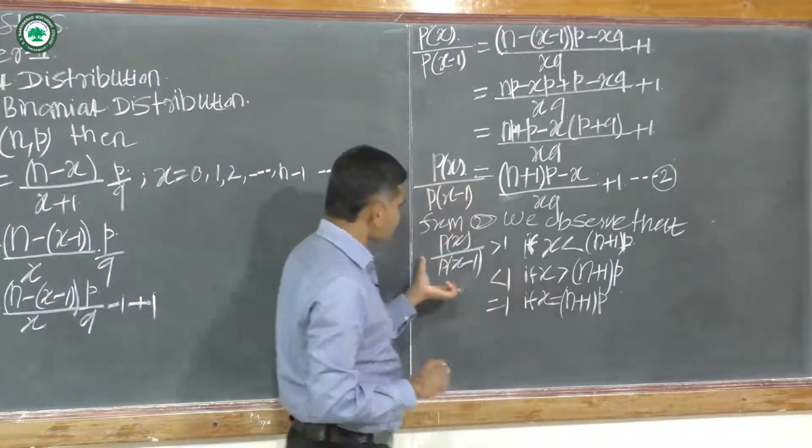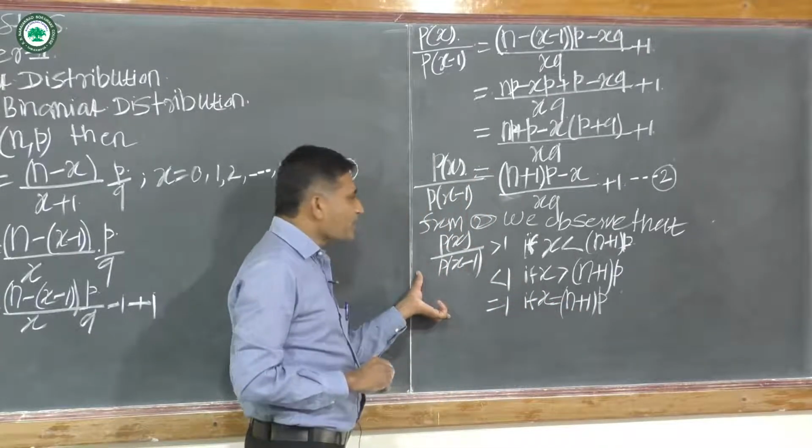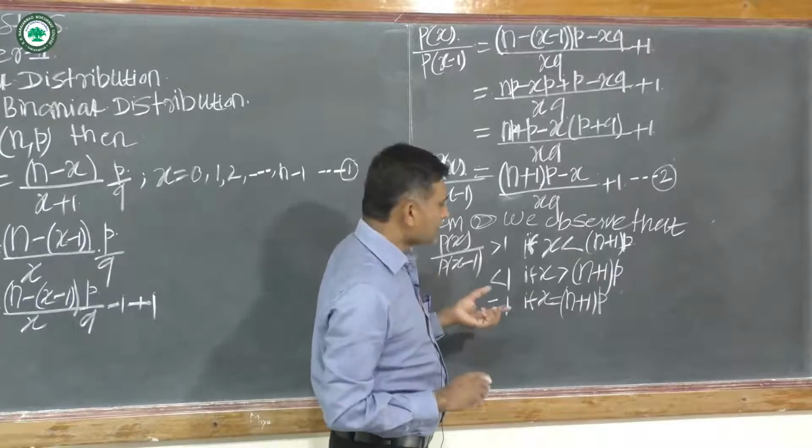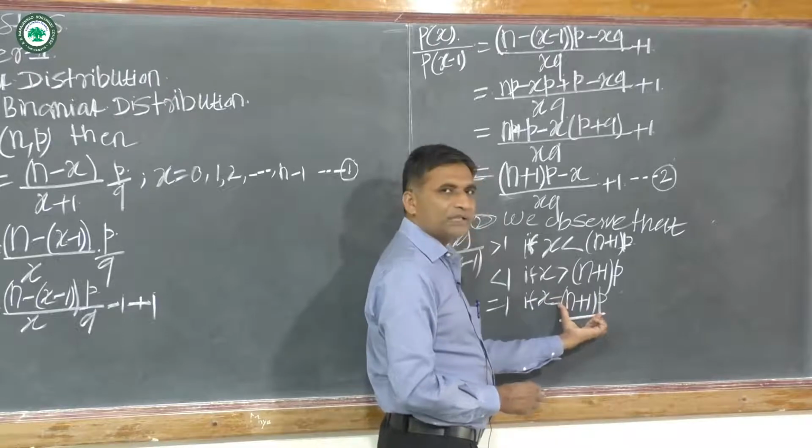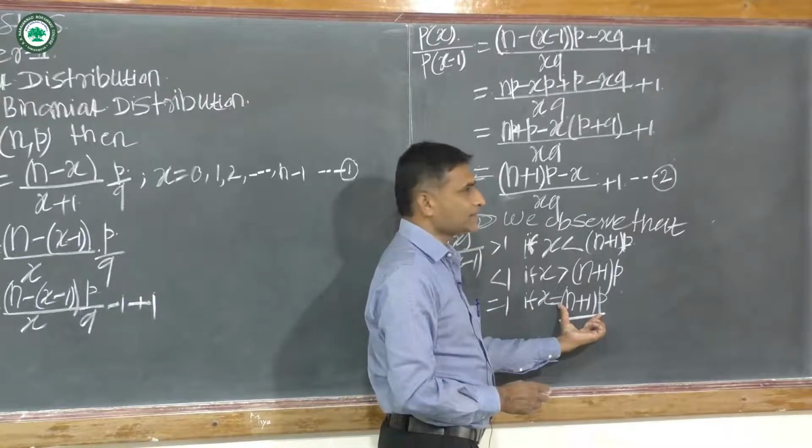Thus in this case the probability mass function increases up to (n plus 1) into p and further decreases.